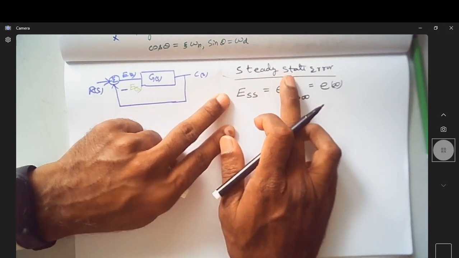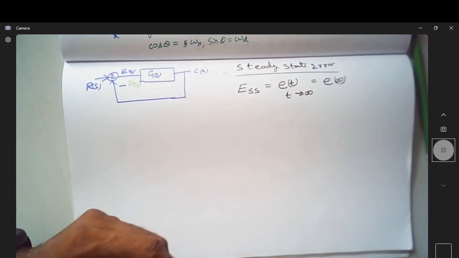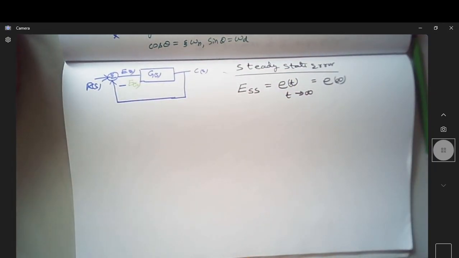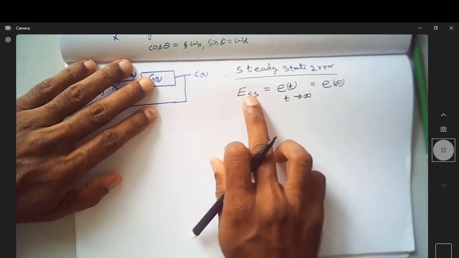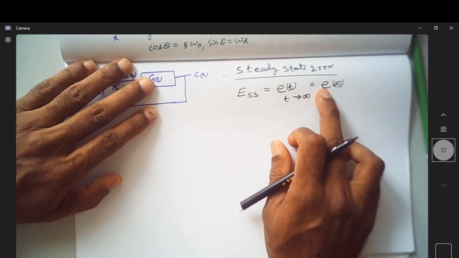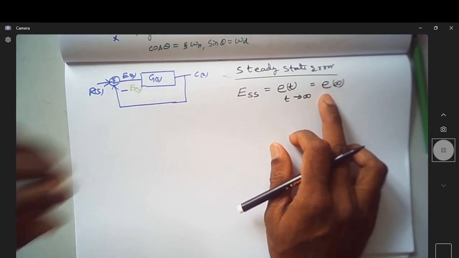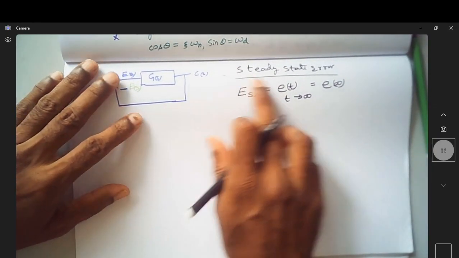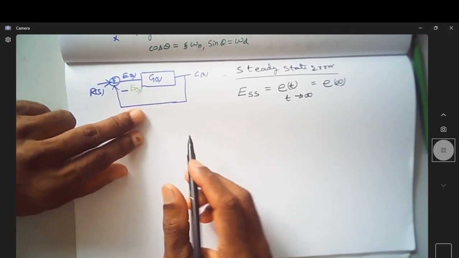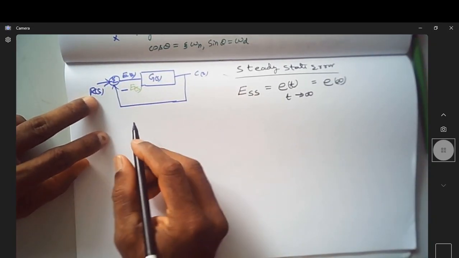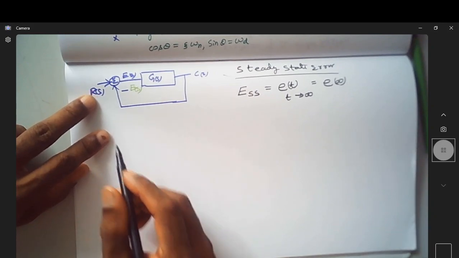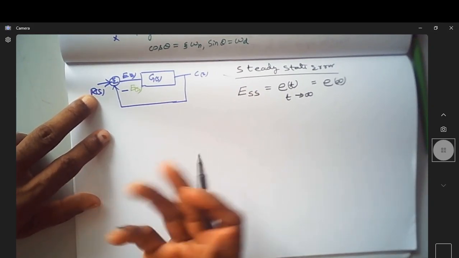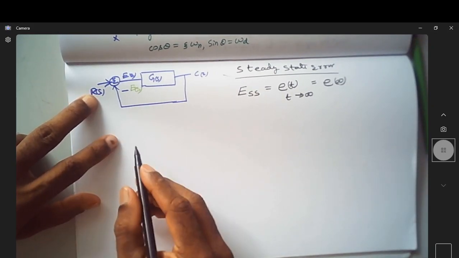When I say steady state, once the system has settled to a typical value, we call it steady state. After steady state, there will be no usual change in the state of the system. That's why we call it steady state error. In a control system, we apply an input voltage which is the desired output itself.